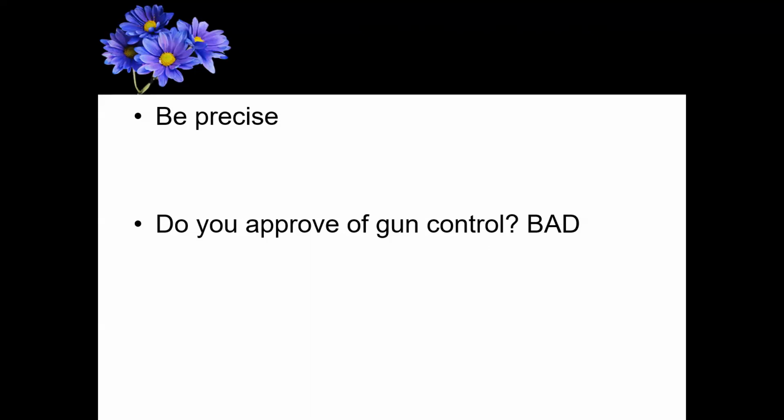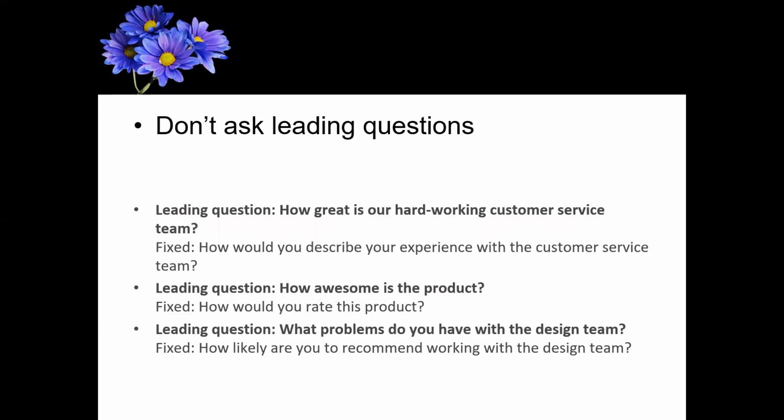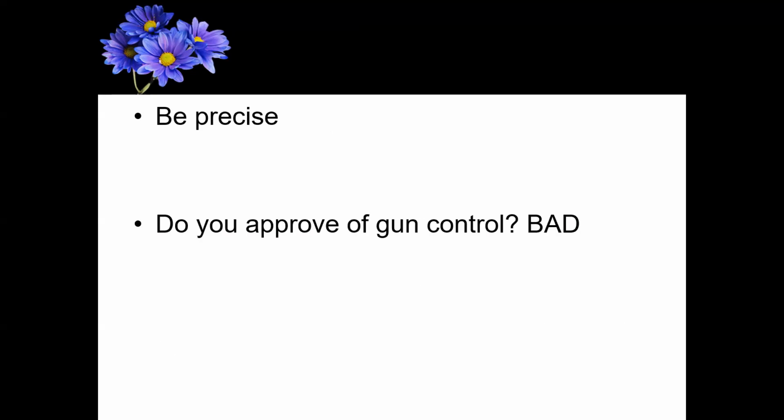Just to give you another example, if you ask people, "Do you like this person?" Well, maybe they like parts of that person, but they don't like other parts. Maybe they like some of the policies, but not others. That's certainly possible. So these blanket, very non-specific questions give you very unclear data that's hard to interpret. So that's always something to keep in mind. Just make sure you're being very precise, and being clear about what you're asking about.